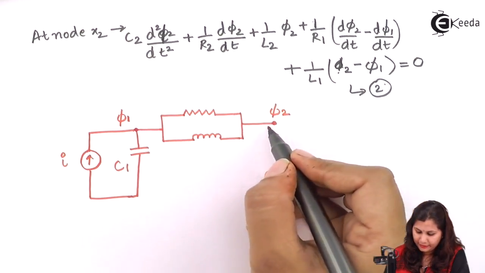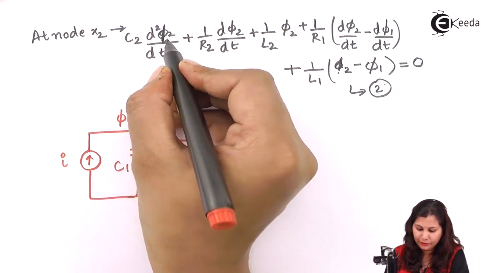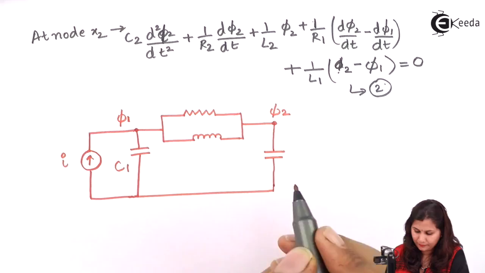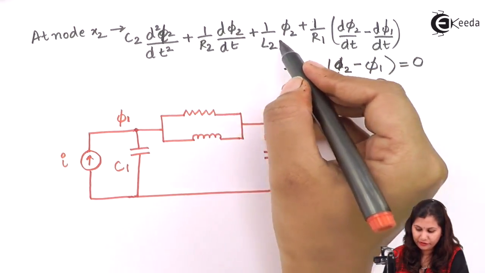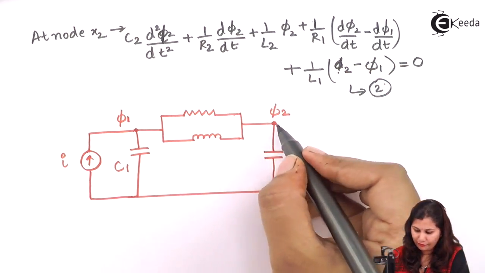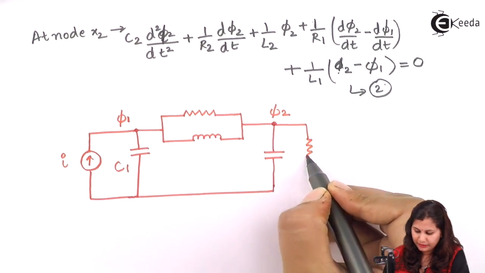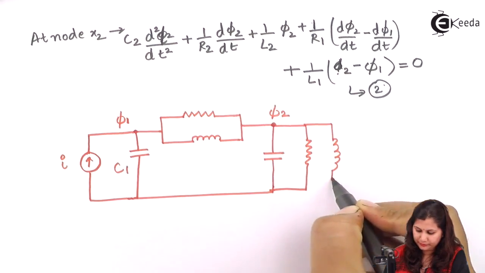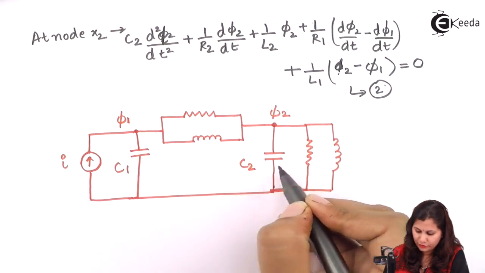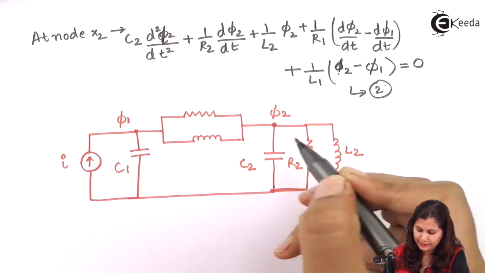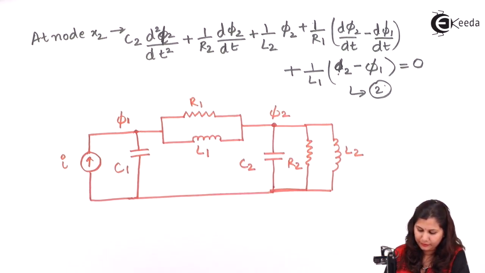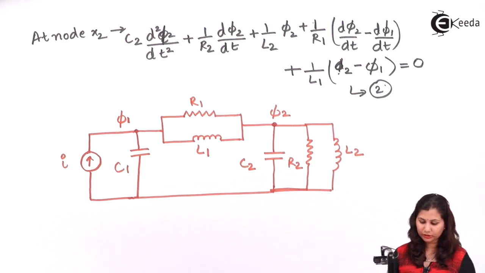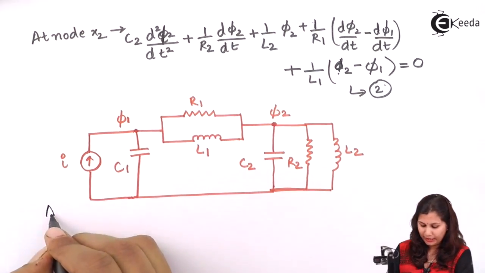Okay, and for phi2 we have this C2, it is associated with phi2 only, so we have this capacitance, and R2 is also associated with phi2, L2 is also associated with phi2. So all these three, they will be in parallel combination and associated with this phi2 only. This is C2, this is R2, and this is L2, R1, L1. Okay, so this is the analogous circuit for the system using the force current analogy.